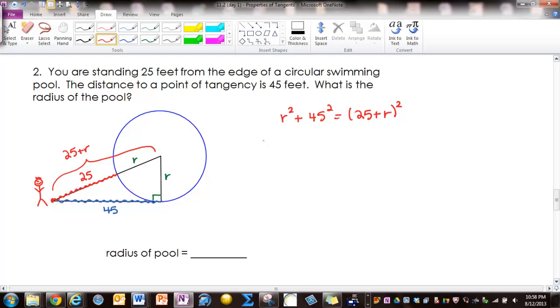So simplifying, I get R squared plus 45 squared is going to be 2025 equals, now this 25 plus R squared we have to be really careful with.